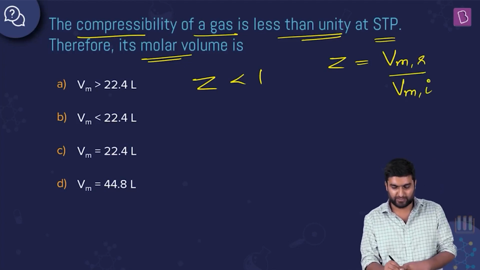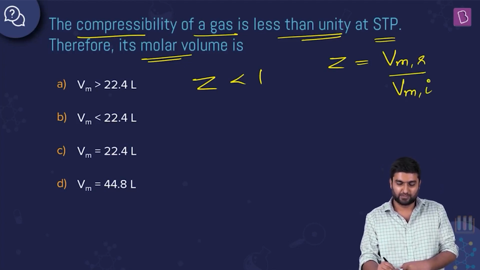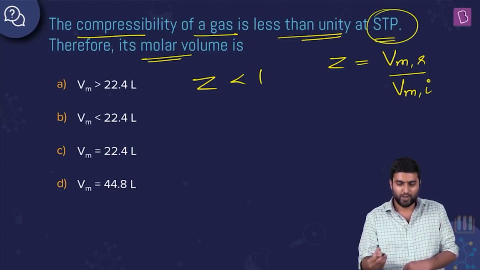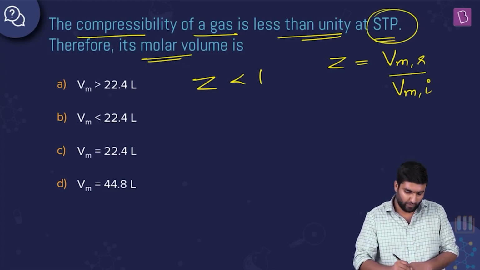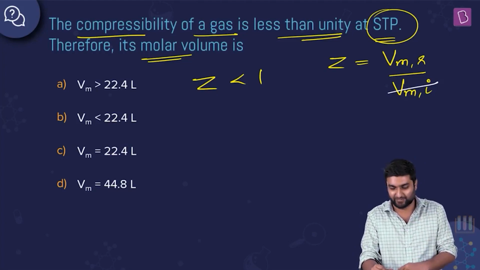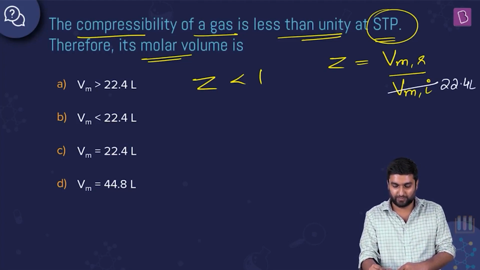Further, this has put some conditions on top of it. So it has put STP as the condition. Okay. With that, the denominator over here, the molar volume of the ideal gas at STP, becomes basically what? 22.4, right?